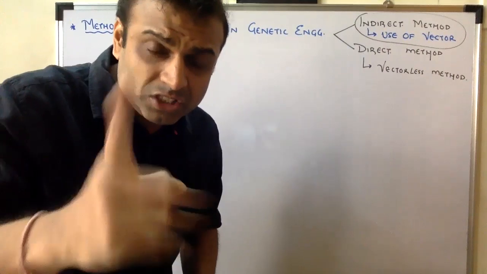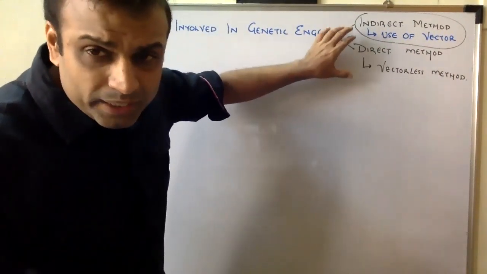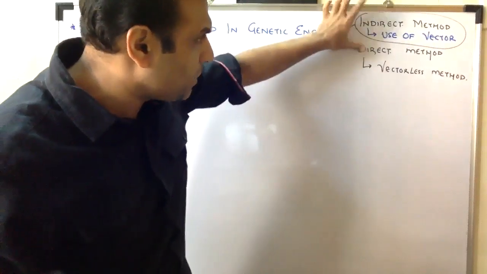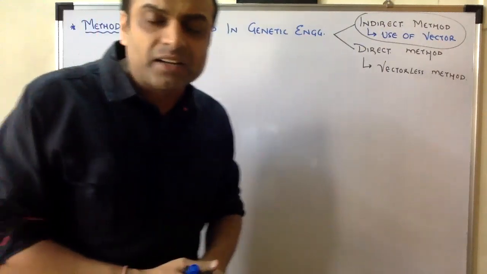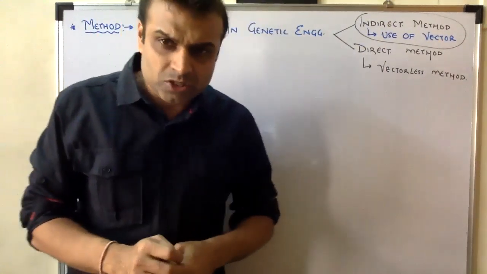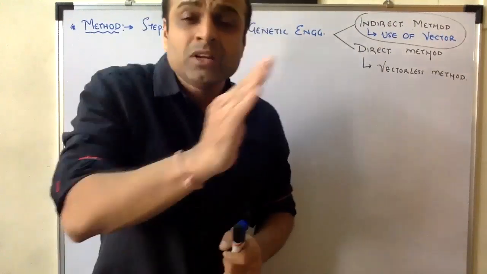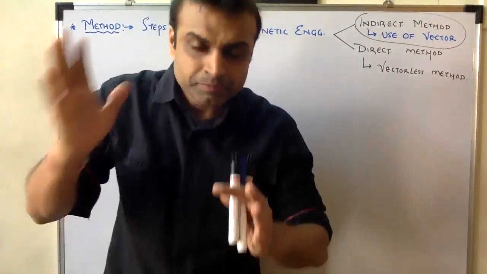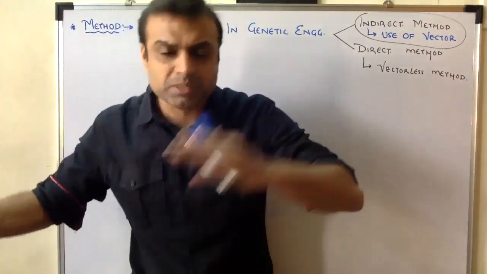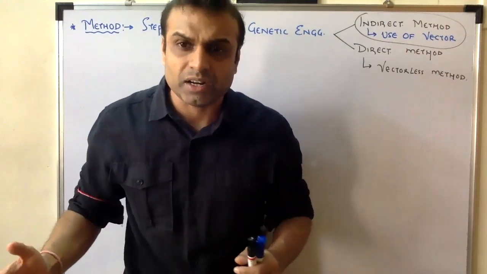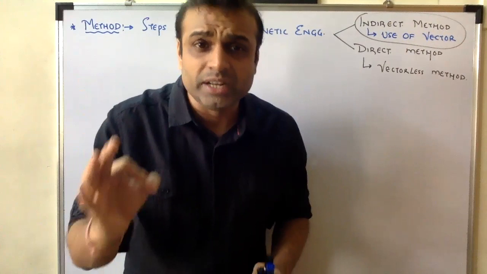I'm using the word chance, it doesn't even happen that often. So the direct method is, I would say, a bit of a flop method as compared to the indirect method. Many people also call the indirect method vector mediated gene transfer. It means I am going to transfer the desired gene from one organism to another through a vector, so I will call it vector mediated gene transfer.